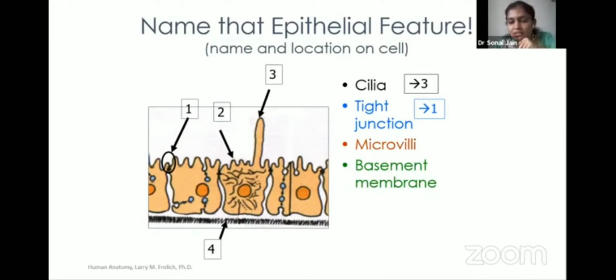There is a difference between microvilli and cilia. Cilia are longer compared to microvilli, and cilia contain microtubules. They move particles. The main function of microvilli is absorption. And obviously, the basement membrane gives support to the epithelium.